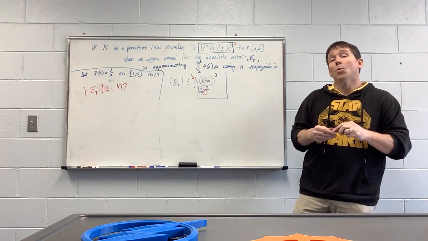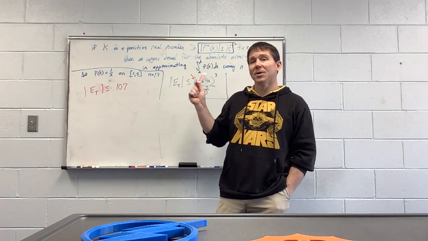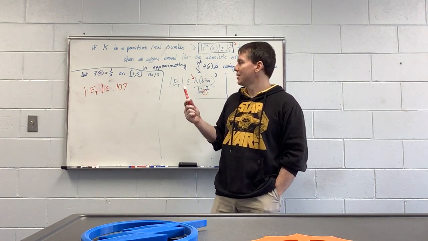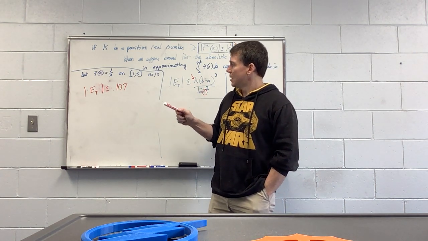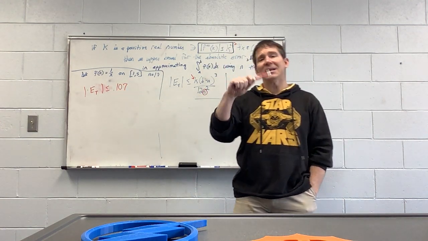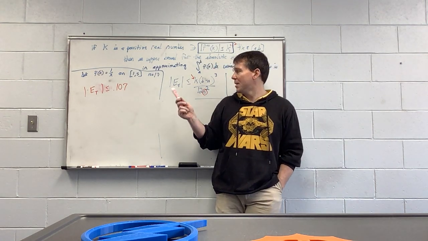Which means the way we generally use this is, one, use the trapezoidal rule to approximate the value of the function, the integral, area under a curve, and then use this to approximate the error to get an idea of the actual value of the integral.